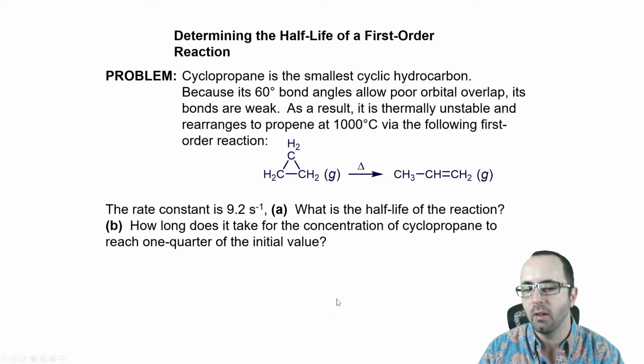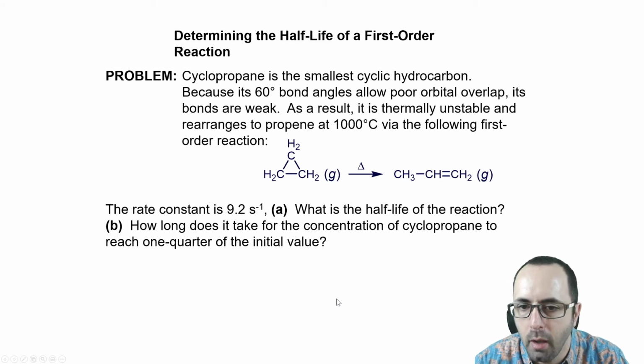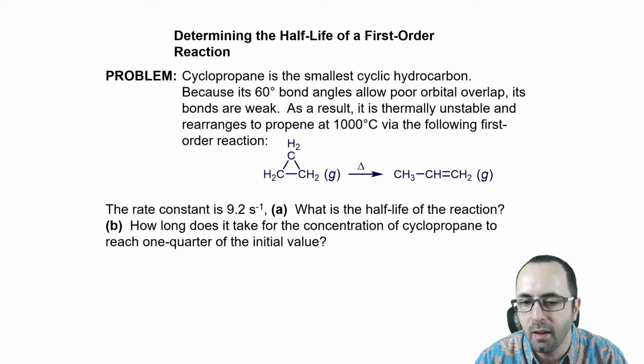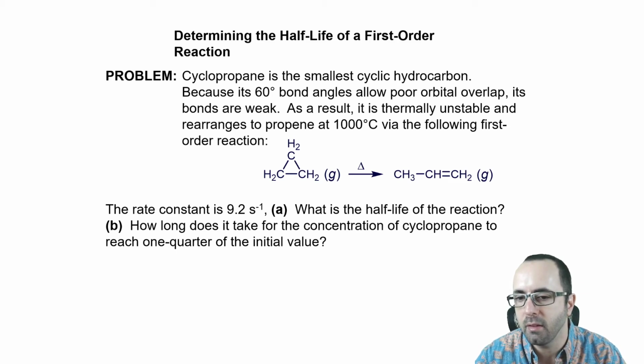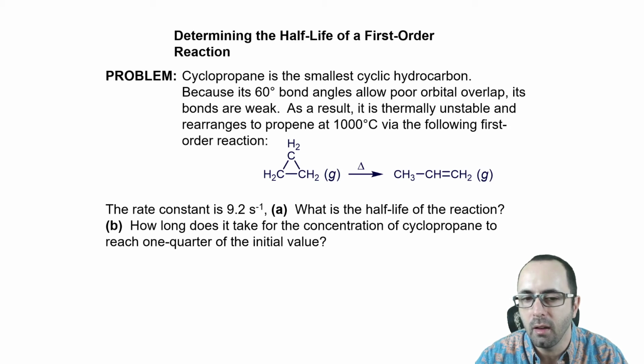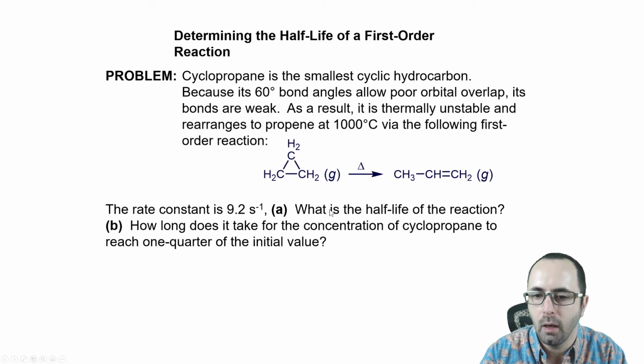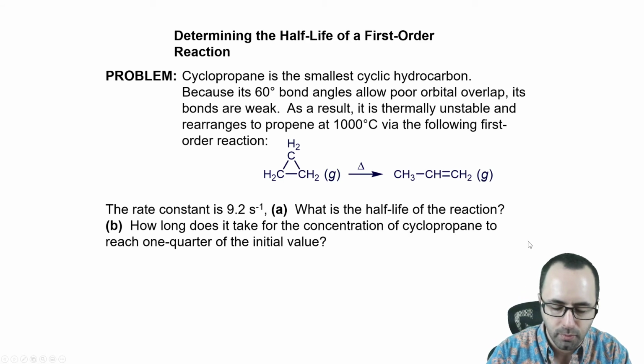So how can we use this information? Here's an example. This is going to be very much like what we did in the nuclear chapter. So we've got a first order process here, and it's a cyclopropane. It's very strained in this triangle formation, so it wants to break open. So it's thermally unstable, and it will rearrange and form something else, and it's a first order reaction. The rate constant here is given as 9.2 inverse seconds. What is the half-life of the reaction?